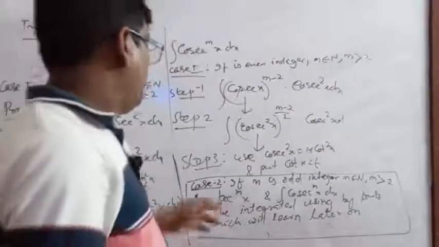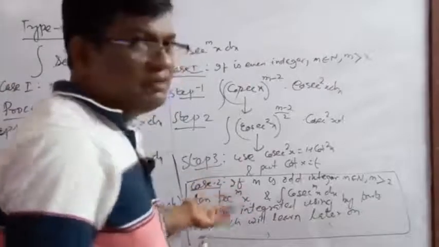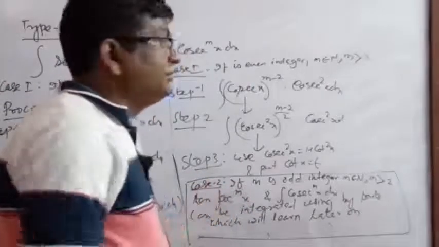If m is an odd integer, then this can be done using by parts.